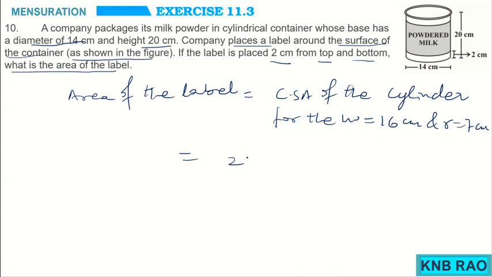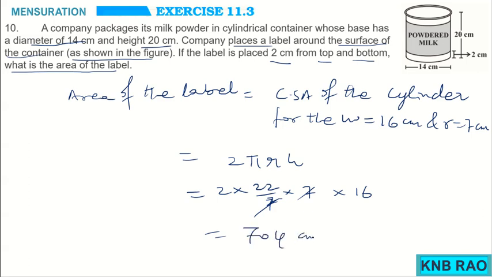Now 2 pi r h, 2 into 22 by 7 into 7 into 16, 7 cancels, and the product of 2 into 22 is 44, 44 into 16 gives us 704 centimeter square as the area of the label getting pasted.